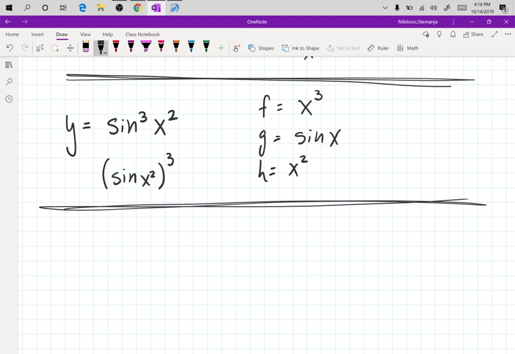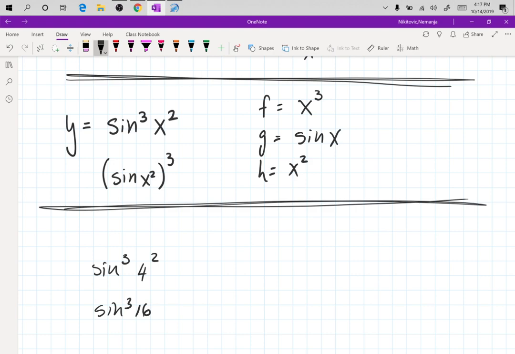So if I had sine cubed of 4 squared, what is the first thing I would compute? I would compute 4 squared first to get sine cubed of 16.